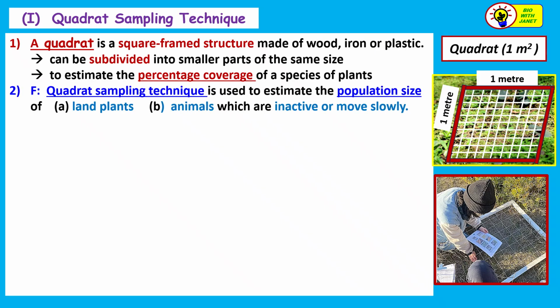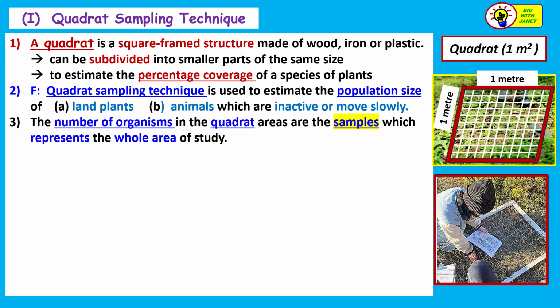So the quadrat sampling technique is used to estimate the population size of land plants and animals which are inactive or move slowly. Basically, it's used more for the land plants, okay, to take samples of the land plants in the habitat. Now, the number of organisms in the quadrat areas are the samples which represent the whole area of study.